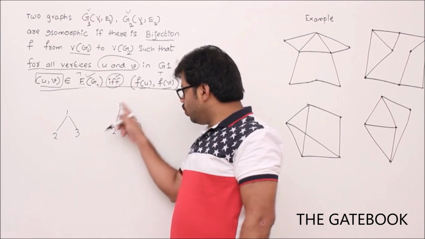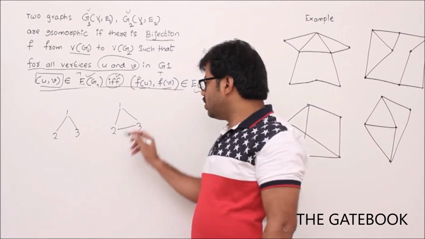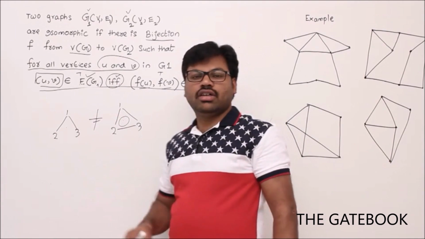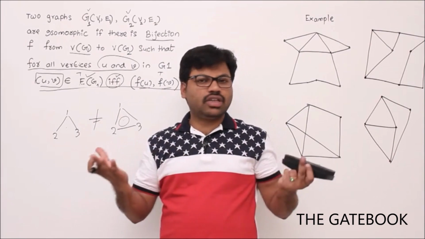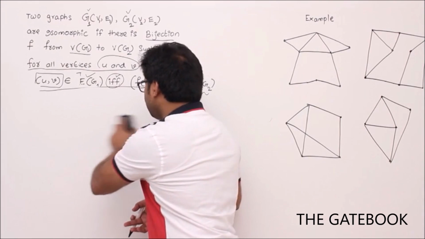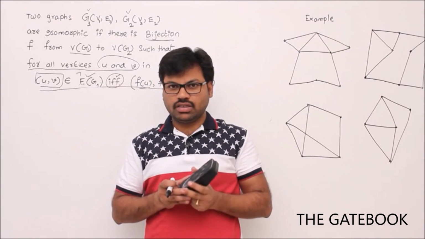So whatever way you adjust this graph, you never get it back. That means this cycle will decide that these two graphs are not isomorphic. So isomorphic means the structure of the graph should be the same. Understand? In that way, we can easily check whether two graphs are isomorphic or not. For that, there are some important properties. I will explain them.